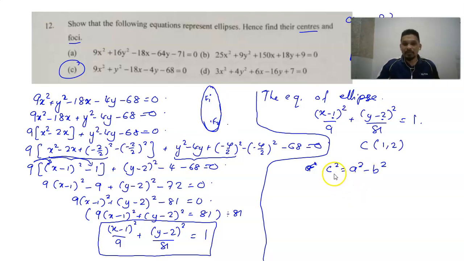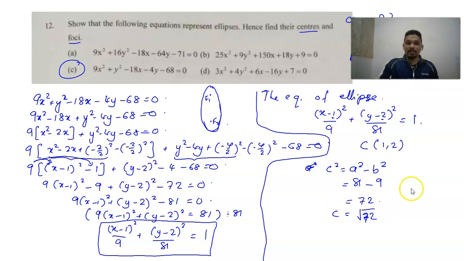Okay, so to find the foci, we need to find c, where a squared equal to 81 and b squared equal to 9. 81 minus 9 equal to 72. So c equal to square root of 72.